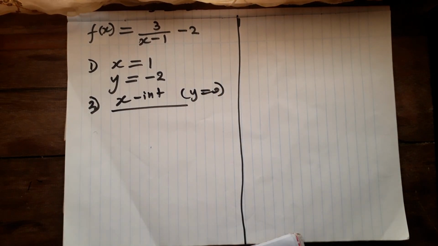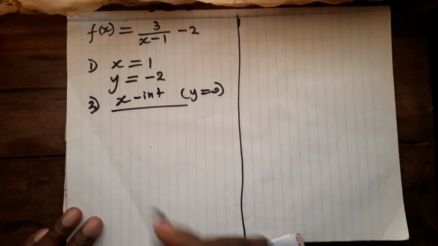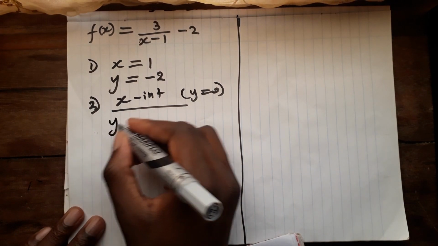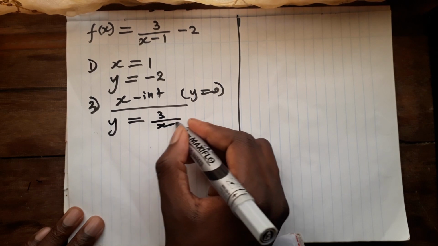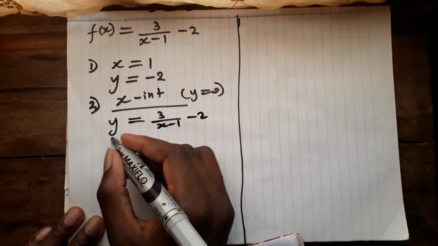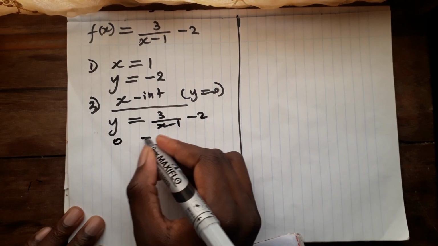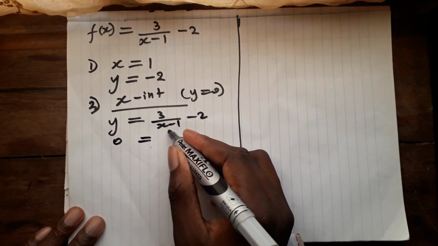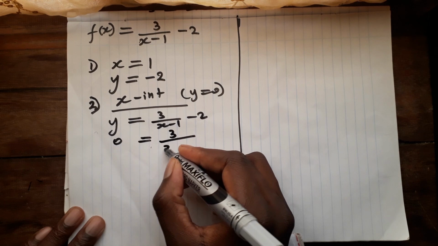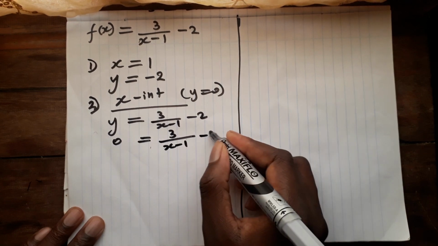So I'm going to write the equation here. y is equal to 3 divided by x minus 1, minus 2. Then we put 0 on the y, and then 3 over x minus 1 minus 2.